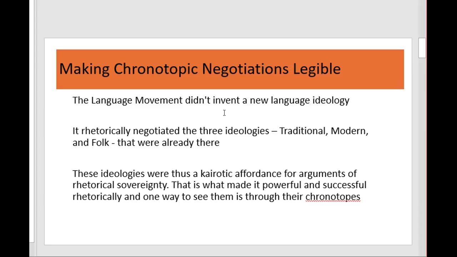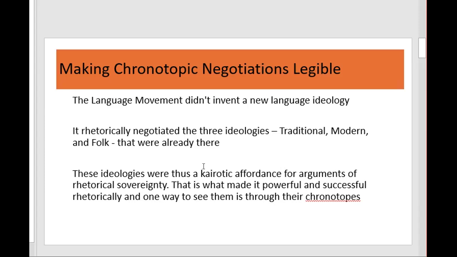And these ideologies were defined in a certain way, as a kairotic affordance. So it is not necessarily an a priori one, but it emerges and is immanent within that temporal moment of kairos, and around rhetorical sovereignty. So it isn't that a people exist and they're demanding something, but a people exist kairotically through time, through space, and they're constituted in that situational moment, and they demand that thing.